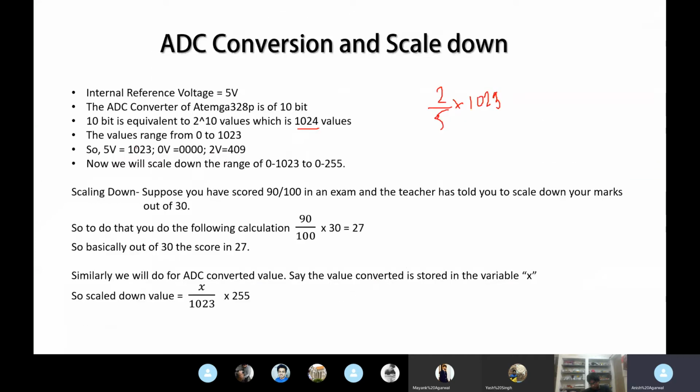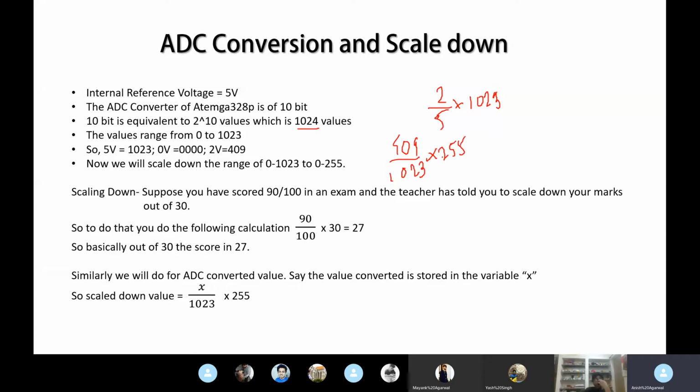So out of 1023, we get 409, but we need to scale it down to 255. So simply we are going to do 2 by 5 into 255, or we can do the value 409 out of 1023 into 255.